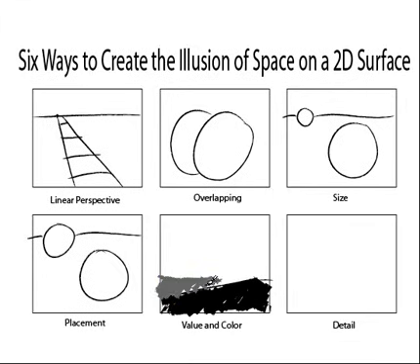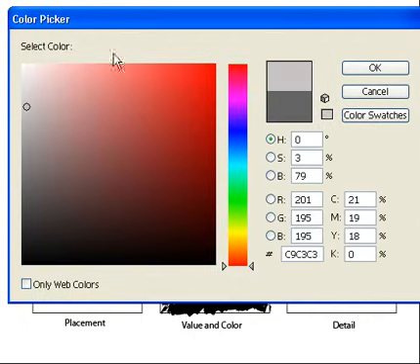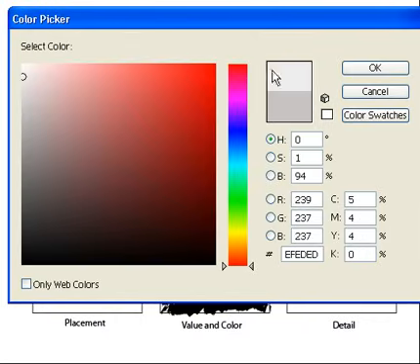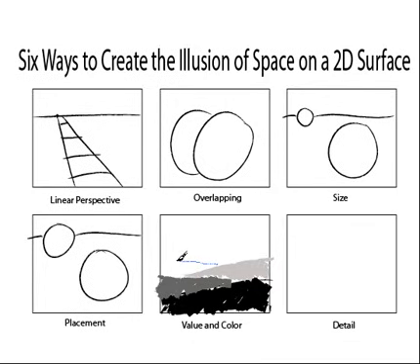And then let's say there's one beyond that, and it may be even lighter in value. And then there may be one that's way off in the distance and it's a lot lighter in value. And that's a good way to illustrate how value and color can affect the illusion of space.